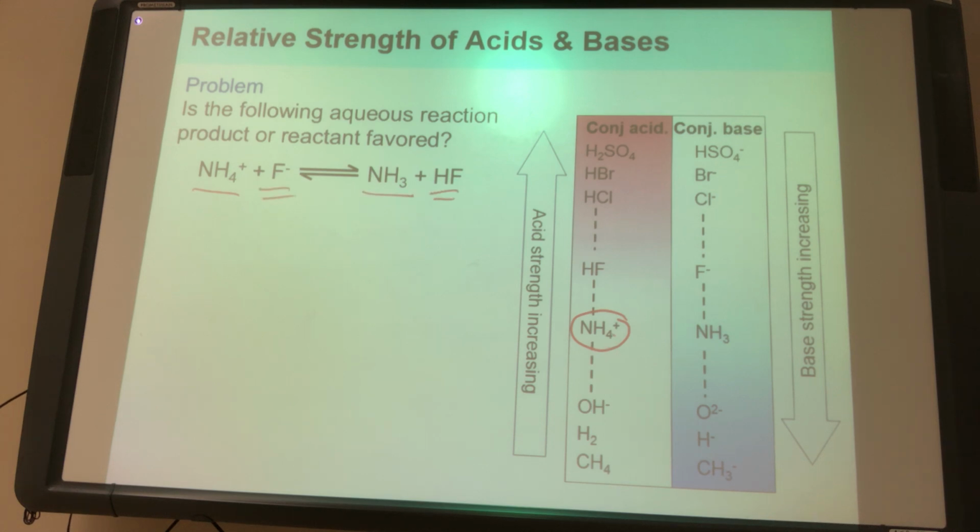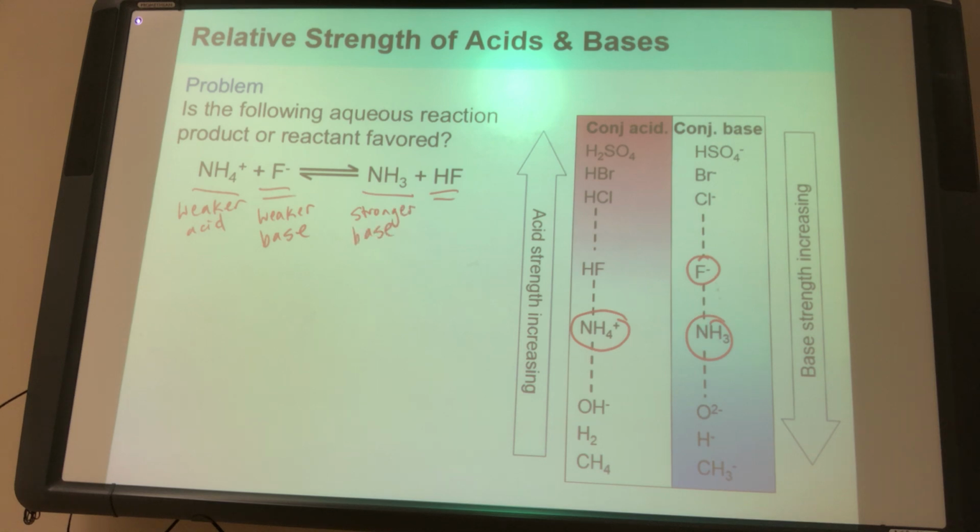NH4+ is here. So he's kind of a weaker acid. F-, kind of a weaker base. NH3, he's a stronger base, in comparison to my F-.